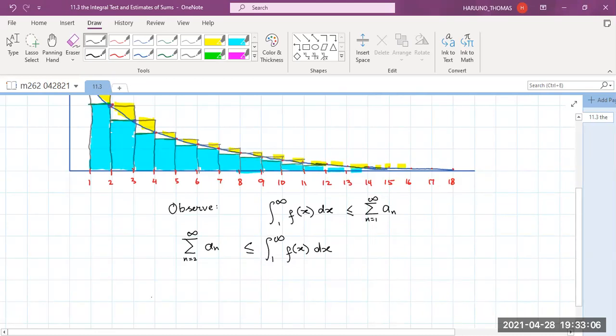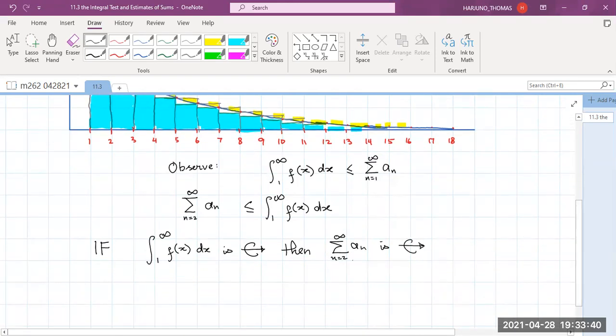Now, in other words, if the integral is convergent, then for sure the summation from the second term to infinity is convergent. Is it right? And moreover, adding the first term into the series from the second term, which is the infinite sum from the first term, is also convergent.